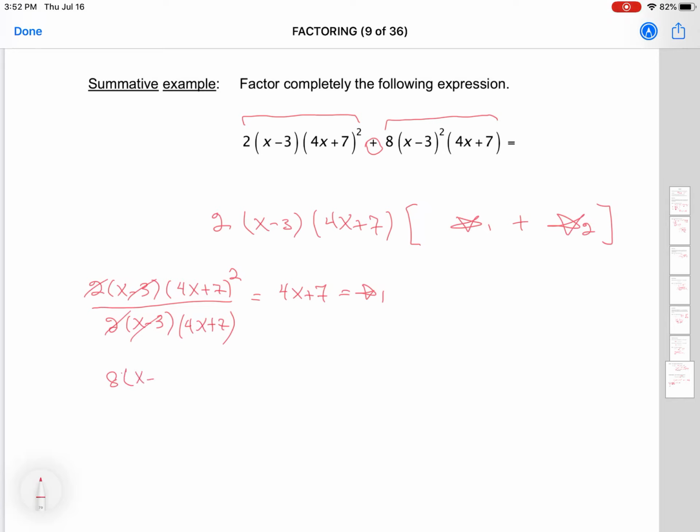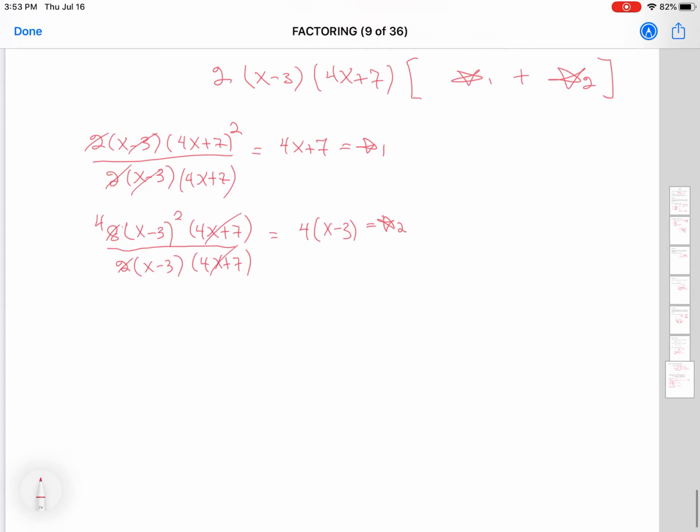How does one get star 2? One gets the second term and one divides it by the common term, 2 times (x minus 3), (4x plus 7). 8 over 2 is 4, and (x minus 3) squared over (x minus 3) is just x minus 3, so 4 times (x minus 3).